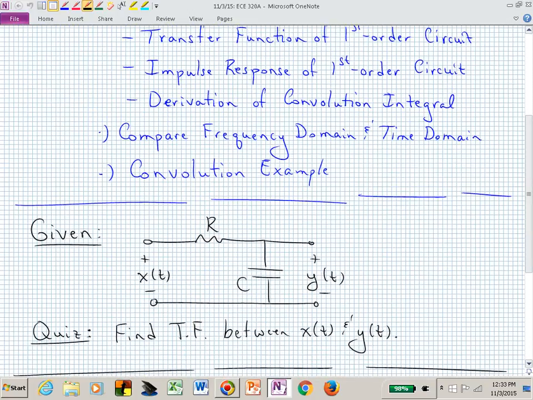All right, let's get the neurons firing. And here is a quiz. I will give you maybe 30 seconds or a minute. Think about how you would find the transfer function between the input, which is X, and the output, which is a voltage, Y, in this circuit. I'm going to watch the clock and not give you too much time to think about that.